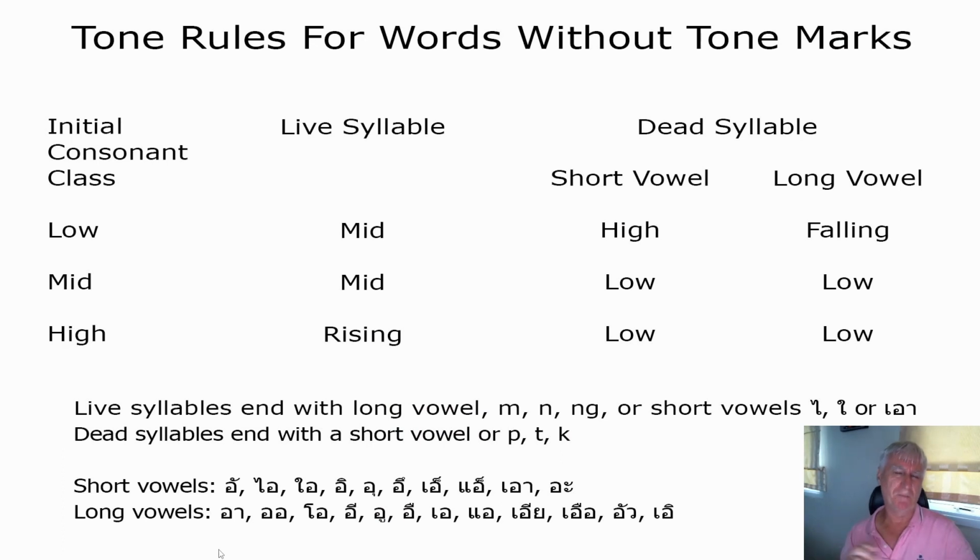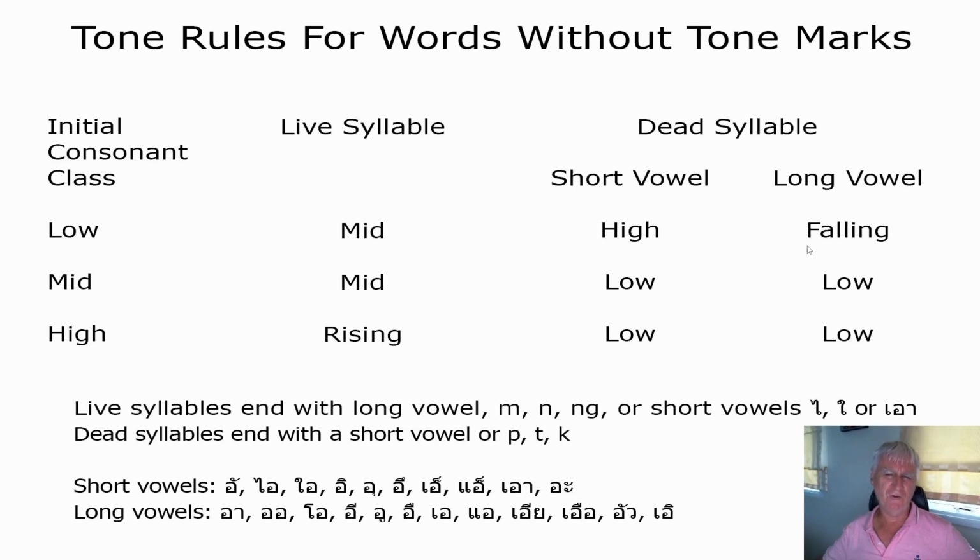As before, an important factor with the tone rules is the class of the initial consonant: low, mid and high. You need to remember the class for each consonant, and that's exactly the same as before. But without tone marks, we get into the realms of live and dead syllables and short and long vowels.